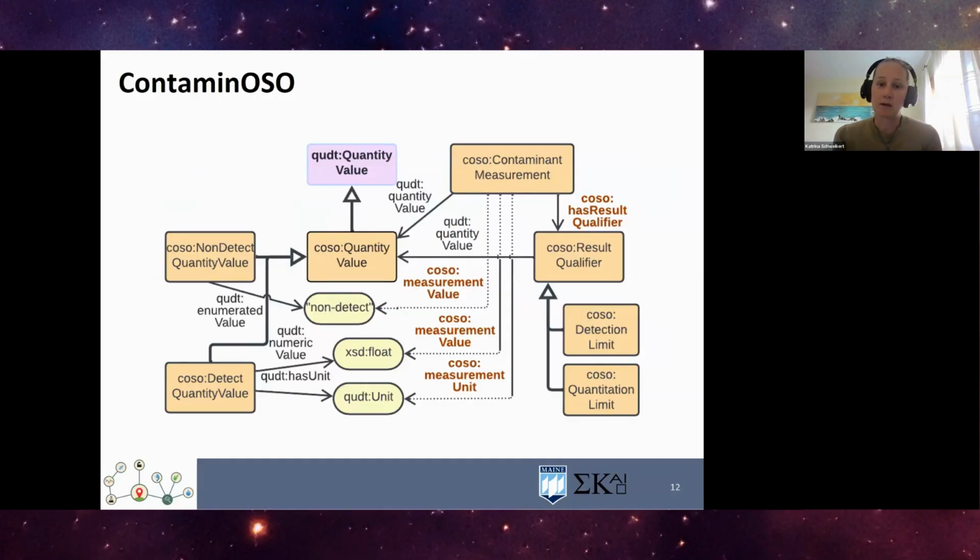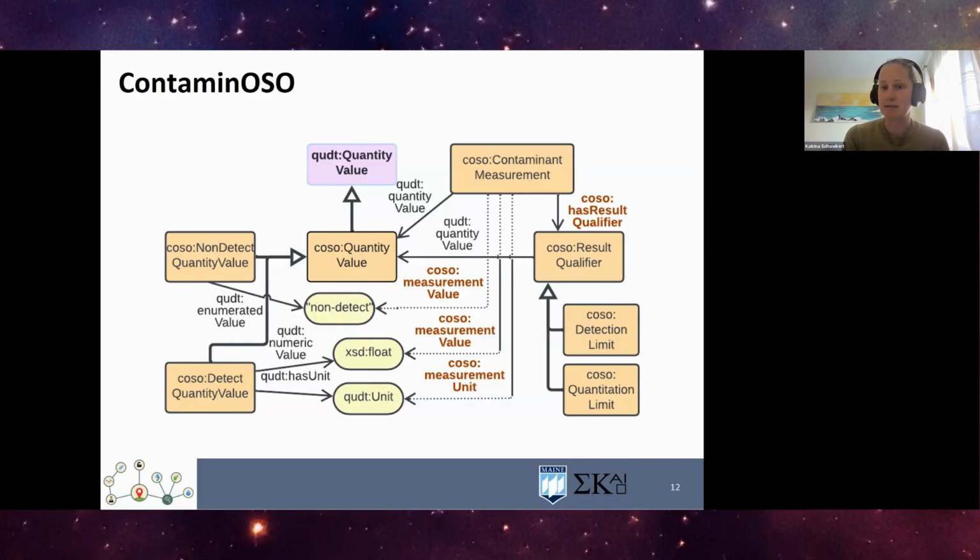So we follow the QUDT model to specify more information about measurement in an ontology. We separate out the unit and the value. And we've also made an important distinction here between non-detect values and detect values. For chemical sampling, that's a very important distinction, where there's not a numerical result for a non-detect, but it is still a very important result that it was tested and it was not able to be observed above the detection limit.